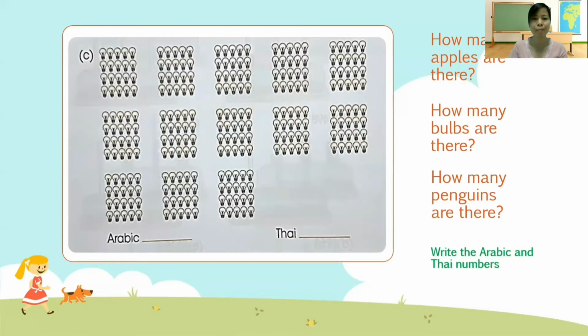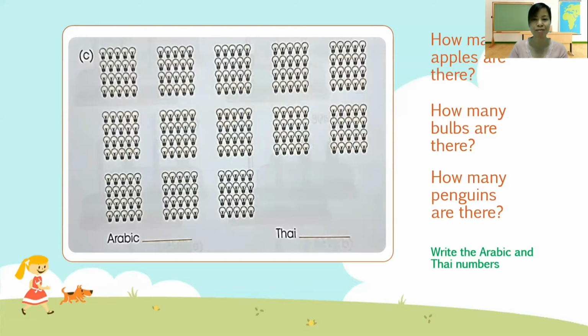We have here bulbs, which we use to light our rooms. Now, in each set, we have 20 bulbs. And we have 20 sets.